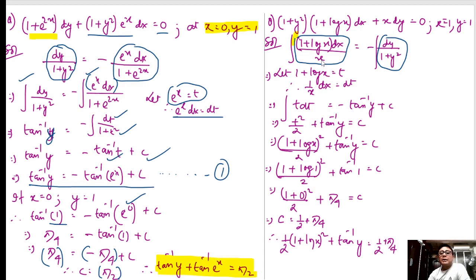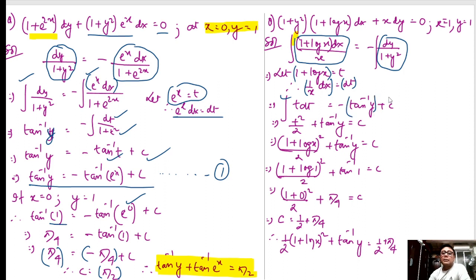Now solving this part, let 1 plus log x equal to t. So 1 by x dx equal to dt. So this becomes t dt, and this part is tan inverse y.